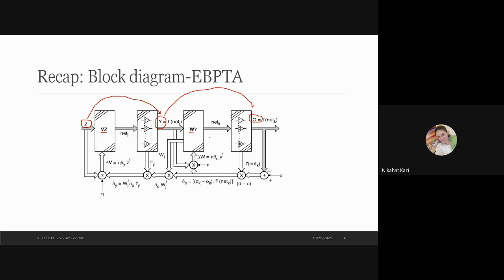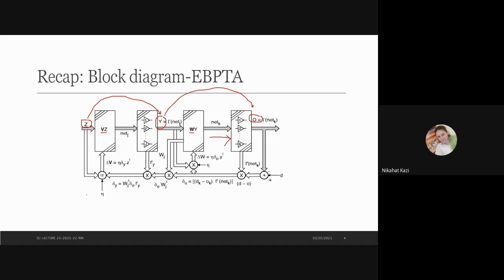So you work in the forward direction, in the sense that you present the inputs and keep computing the outputs in the forward direction. Whatever training pattern you provide, the network will compute the outputs, layer by layer. So outputs of the hidden layer are computed, and then, since we are assuming only a single hidden layer, the outputs of the output layer are computed. Once that is done, the first phase is complete.